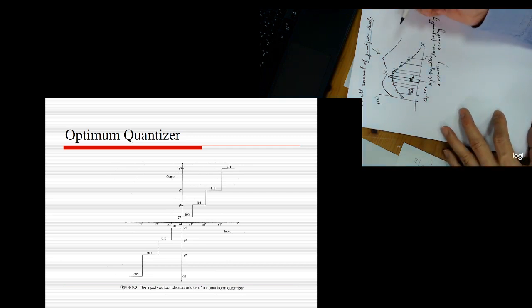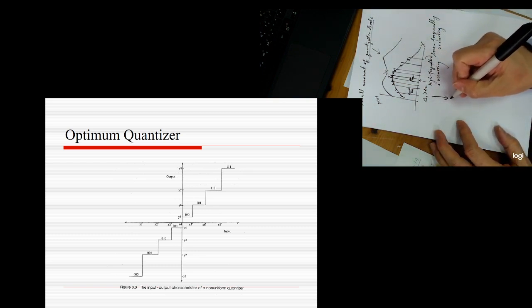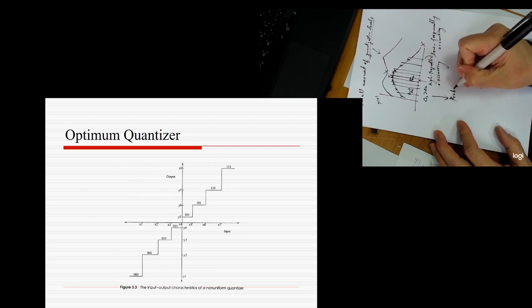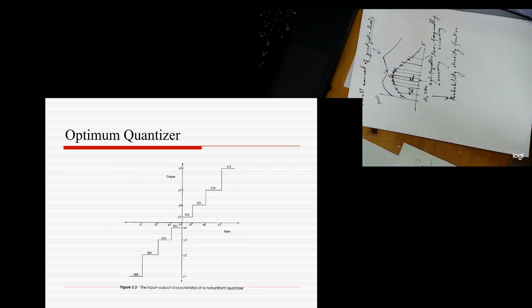So this approach considers your signal's probability density function, the behavior of how your signal comes out. However, you have to know it in advance, otherwise you cannot design the quantizer. In the example on the slide, the steps are not equal. You can see Y5, Y4, Y6, and Y8: their step sizes are not equal.